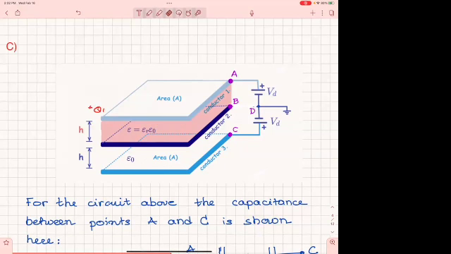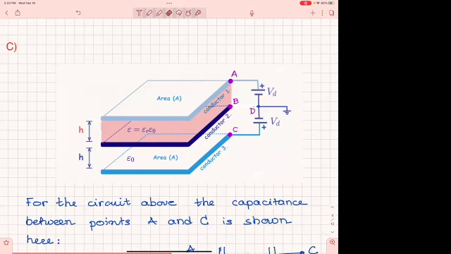So what happens in this case? There are no charges. If there are no charges, does that mean that there is no capacitance? That's a big question. Since there are no charges anywhere, does that mean that there is no capacitance?